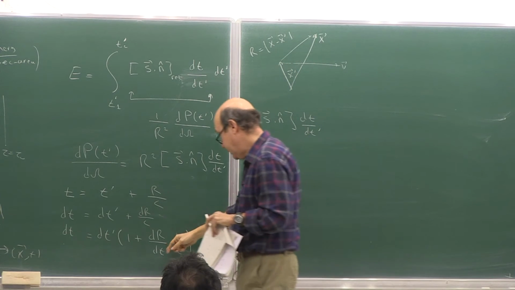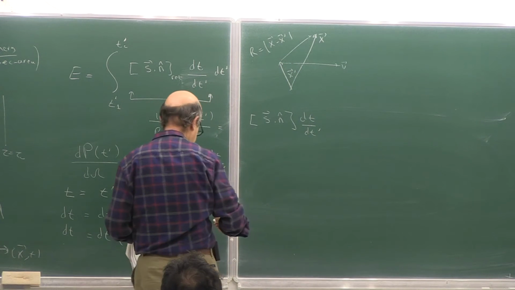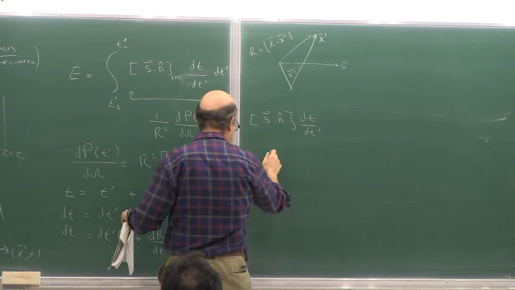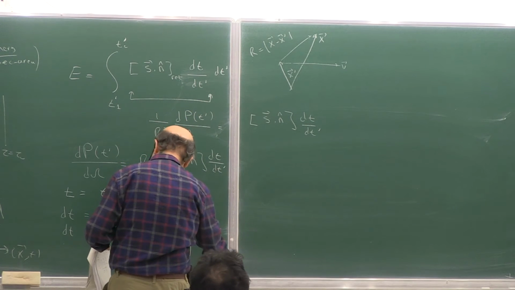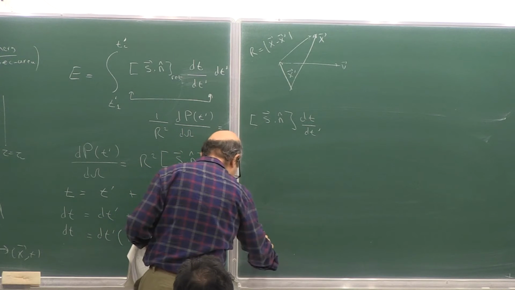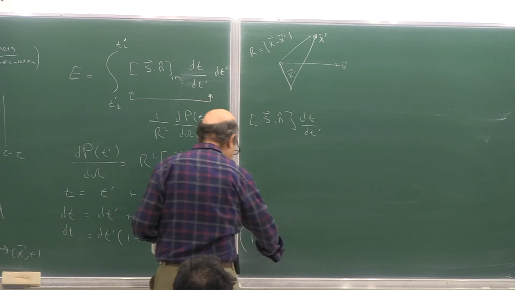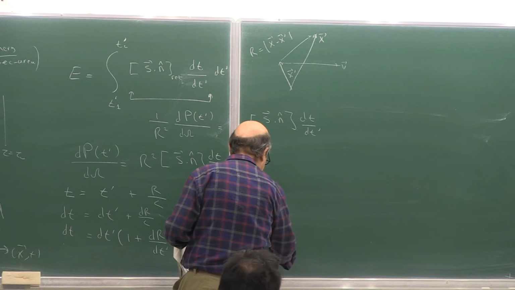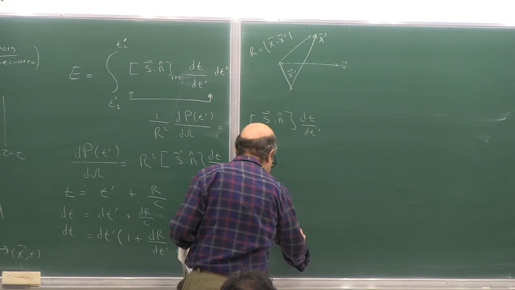So you can express this factor in the following form: this is equal to dt prime times 1 minus beta dot n.